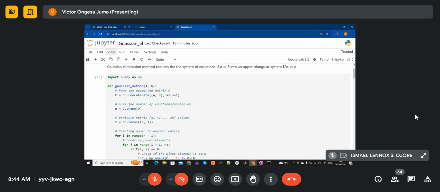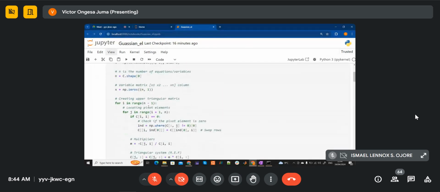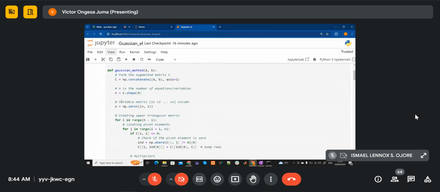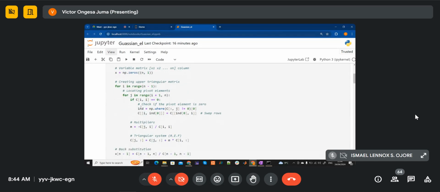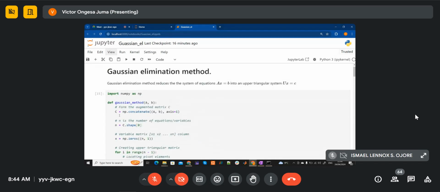I want to output n, and then I output c. C is concatenated with this, and then you keep on doing this.